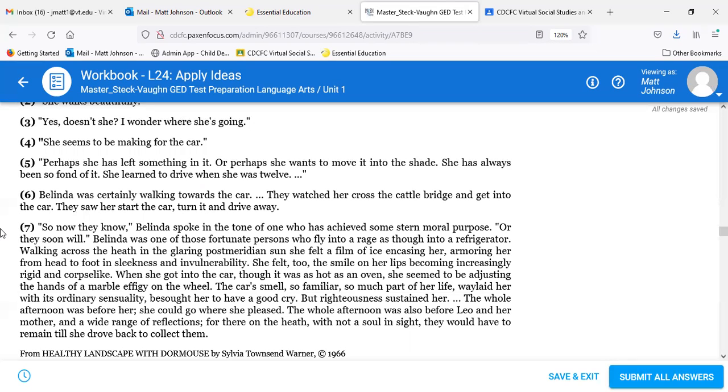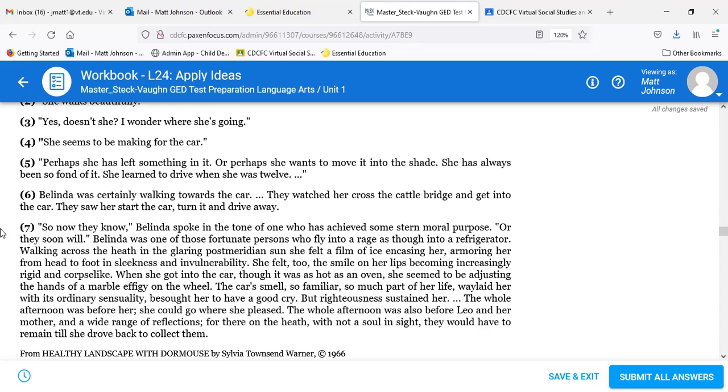She felt too a smile on her lips, becoming rigid and corpse-like. When she got into the car, though it was as hot as an oven, she seemed to be adjusting the hands of a marble effigy on the wheel. The car smell, so familiar, so much part of her life, waylaid her with its ordinary sensuality, besought her to have a good cry, but righteousness sustained her.